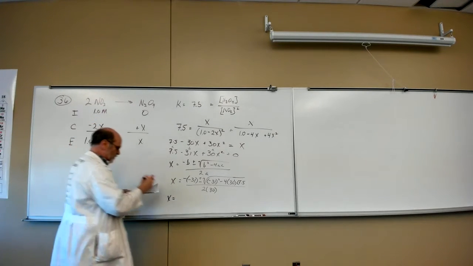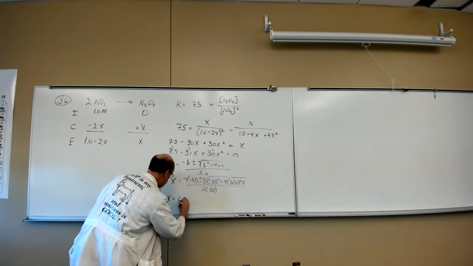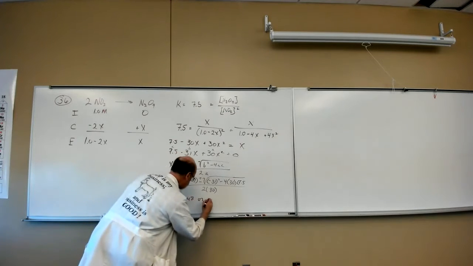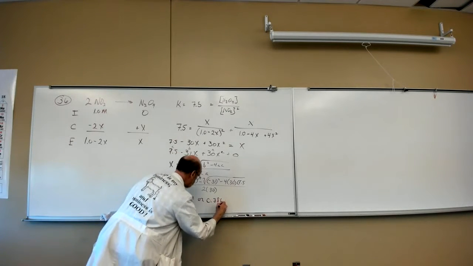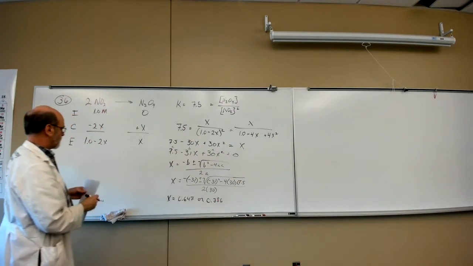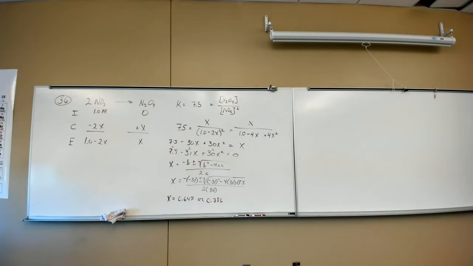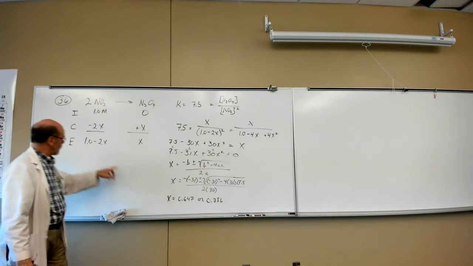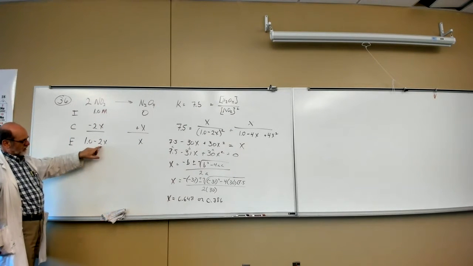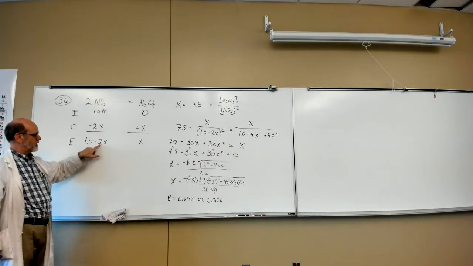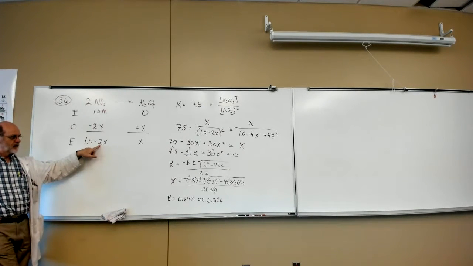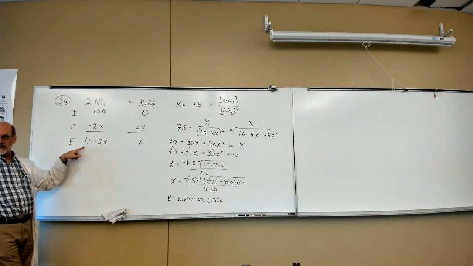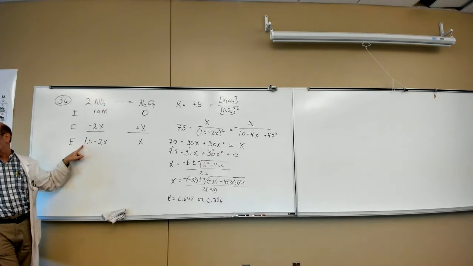So we resolve these two terms and we get 0.647 or 0.386. So then you have to look and see which one makes sense. If 0.647 were x, then what's 2 times 0.647? 1.2. Right. It's more negative than this, so that gives you a negative number here that can't be possible.